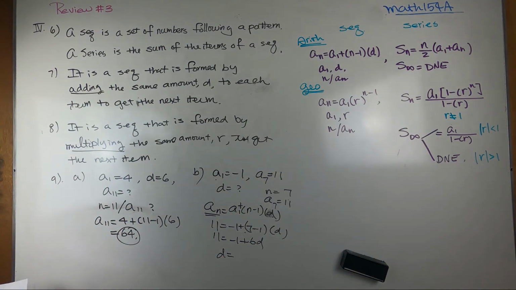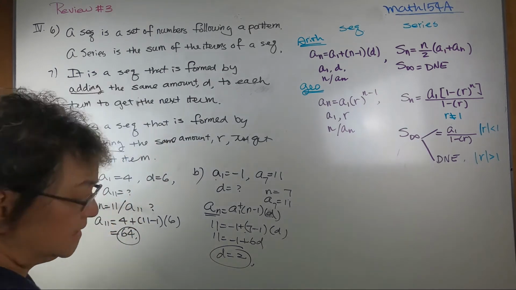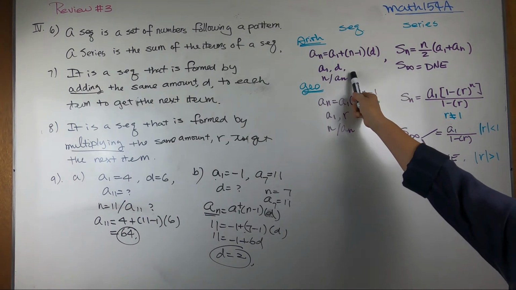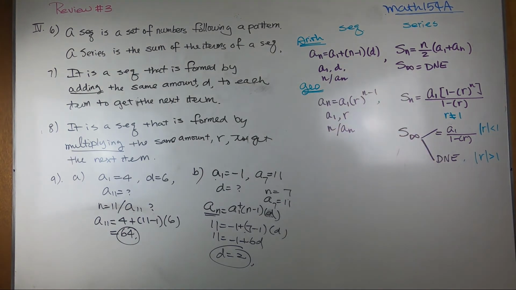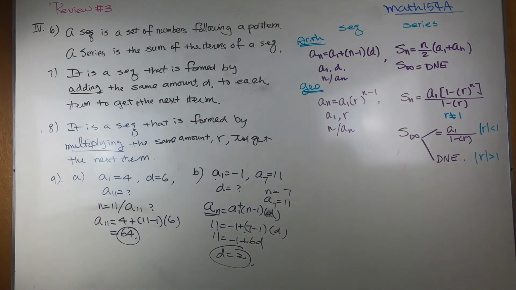D is what? 2. Right? So you have several positions: A1, D, N, and AN. So we will give you most of them, and with one missing, you need to find it.